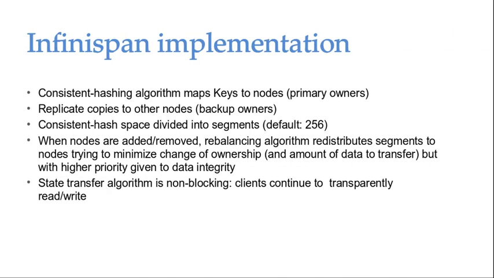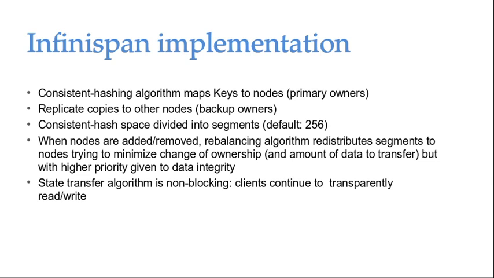The Infinispan implementation is based around a consistent hashing algorithm, which maps keys to nodes. These nodes are called the primary owners. We also replicate copies to other nodes, which are called the backup owners. The entire consistent hash space is divided into segments. The default number is 256. Keys are assigned to a segment, and that segment is assigned to a node.